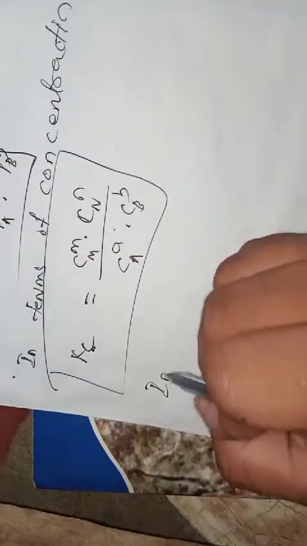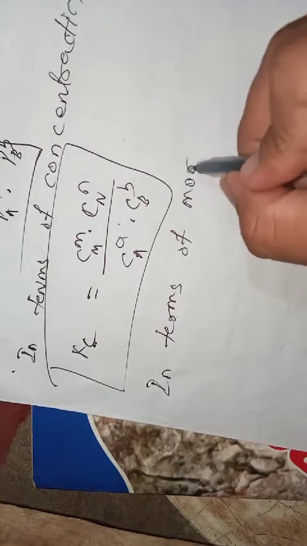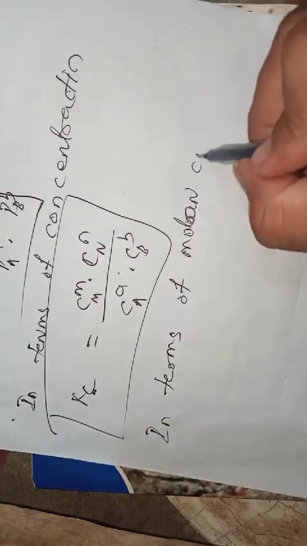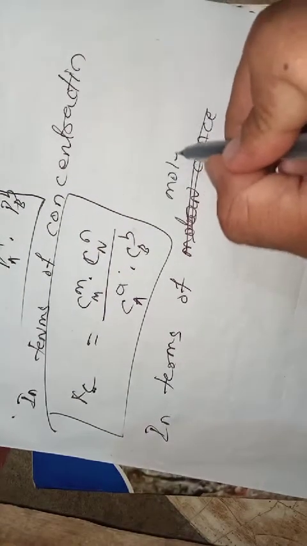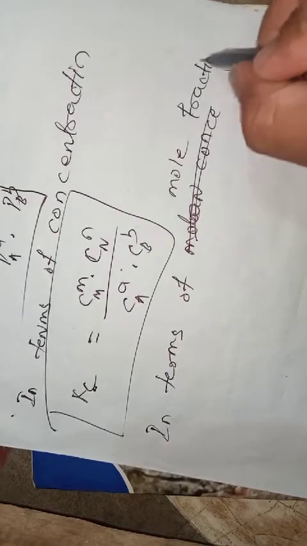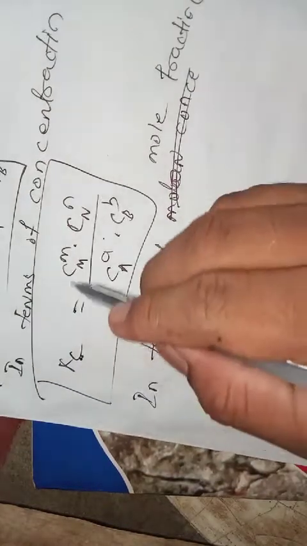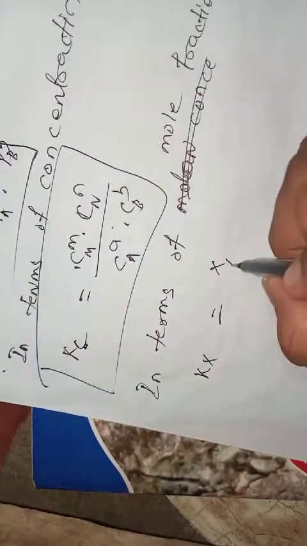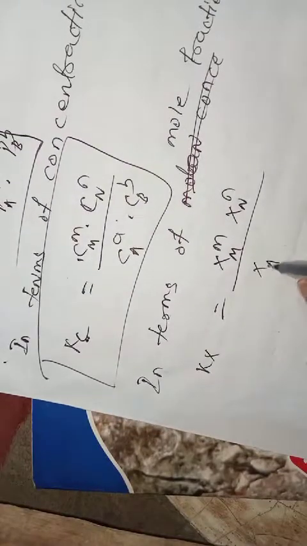Similarly, in terms of mole fraction, we will write Kx equals Xm to the power m, Xn to the power n divided by Xa to the power a into Xb to the power b. This is all about the thermodynamic derivation of chemical equilibrium.